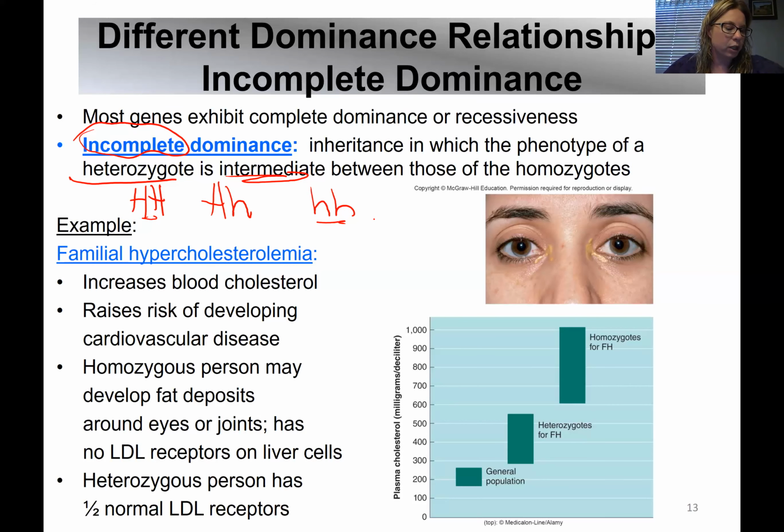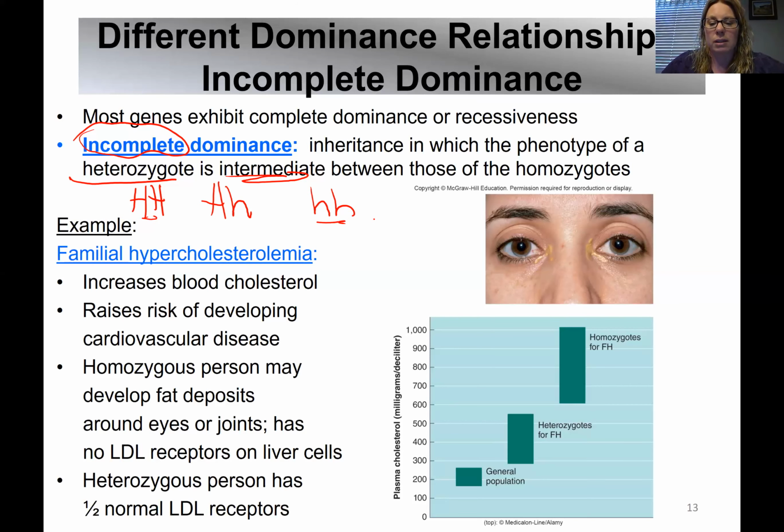An example in human anatomy is familial hypercholesterolemia, or familial genetic high cholesterol. Okay. So normally if you have your blood tested, they'll want you to have your total cholesterol below 200, and that's milligrams per deciliter.